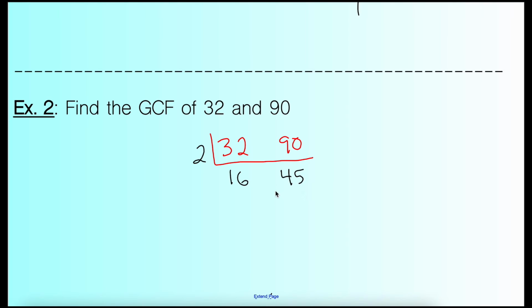I say no. Neither of those numbers share a common factor. So we're actually at a stopping point after just one step, and that tells me that the greatest common factor of 32 and 90 is 2. The biggest number that they share as a factor is 2. If you made a list of all the factors, that would be the number that they have in common, the biggest one, 2.